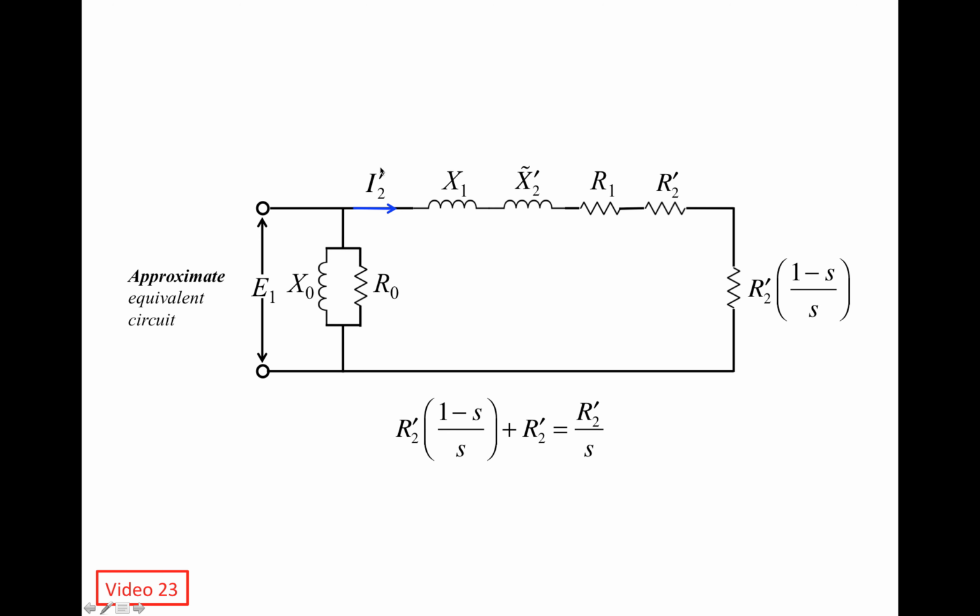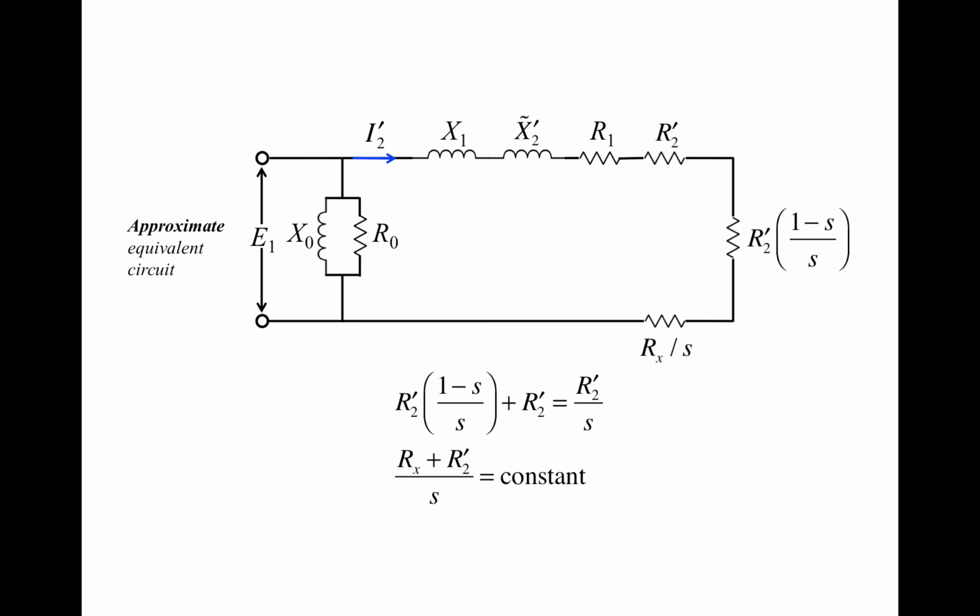The solution provided by the Vestas OptiSlip system is to connect another external variable resistance to the rotor side of the circuit. We denote this external variable resistance as Rx divided by S, the slip.